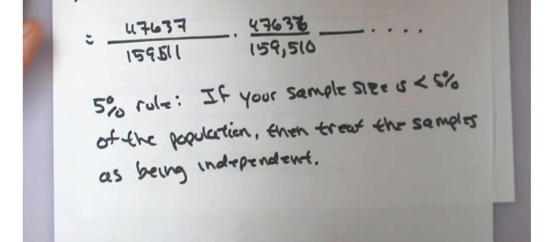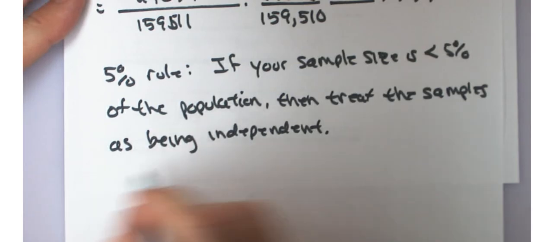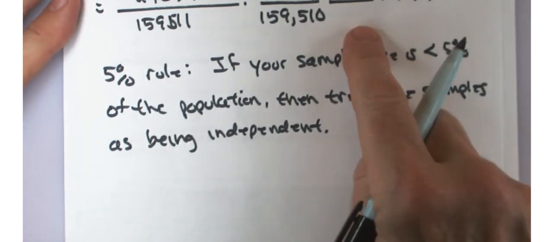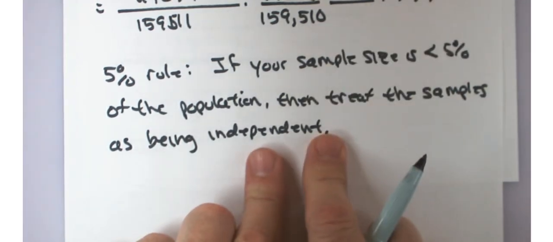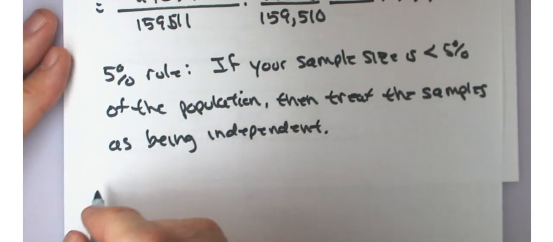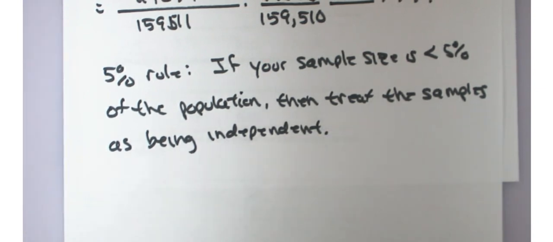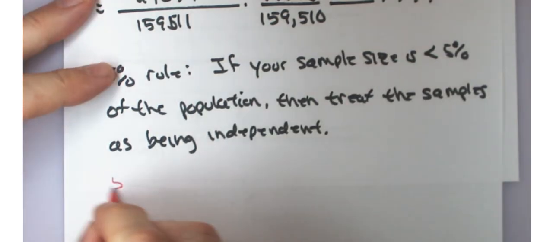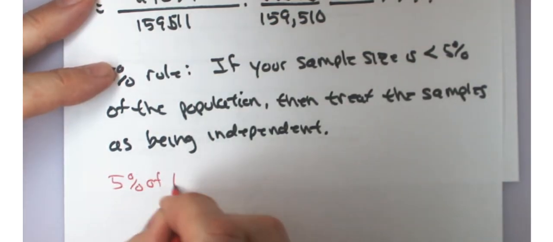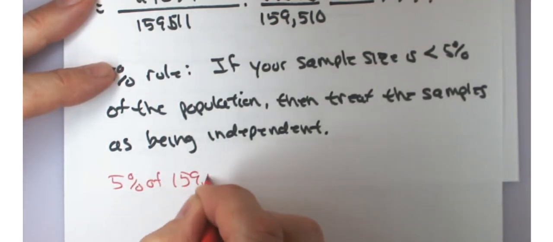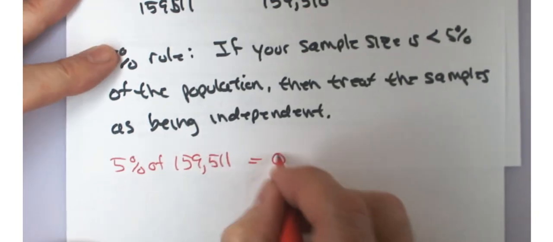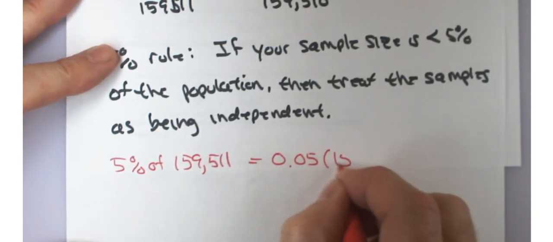So this probability, well, let's verify that we're under the 5% rule. And I think that's pretty easy. So let's do 5% of 159,511, 0.05 times 159,511.